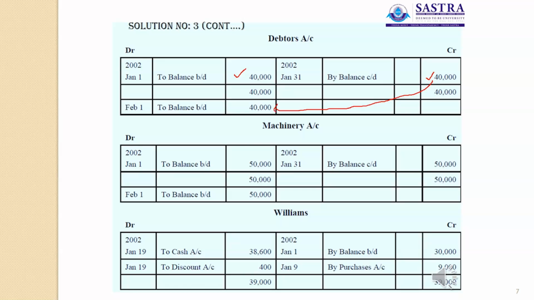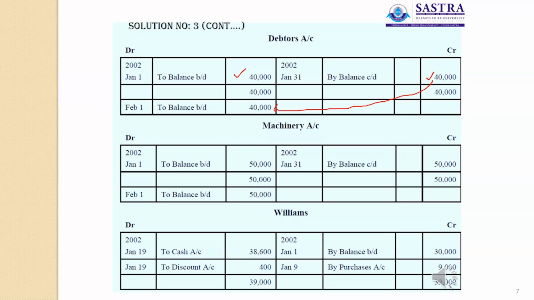At the end of the month, the debtors value is 40,000. That amount is receivable, so it was carried forward to February, to balance brought down rupees 40,000. That is the opening balance for the month of February.